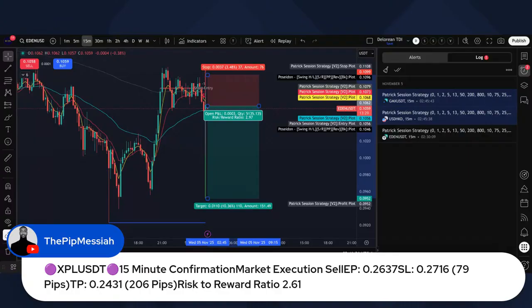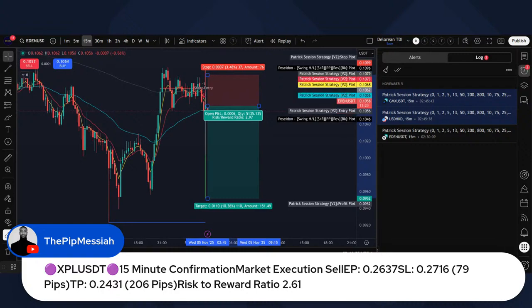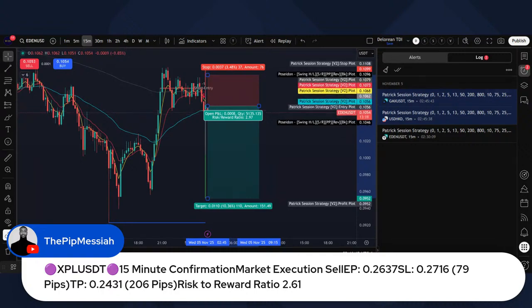Eden. It's a 15-minute sell. The risk is 2.97. The entry is 0.1062. The stop is 0.1099. That's for 37 pips. The take profit is 0.0952. That's for 110 pips.